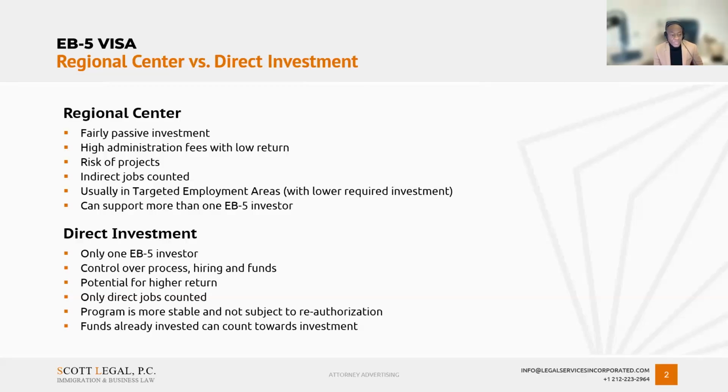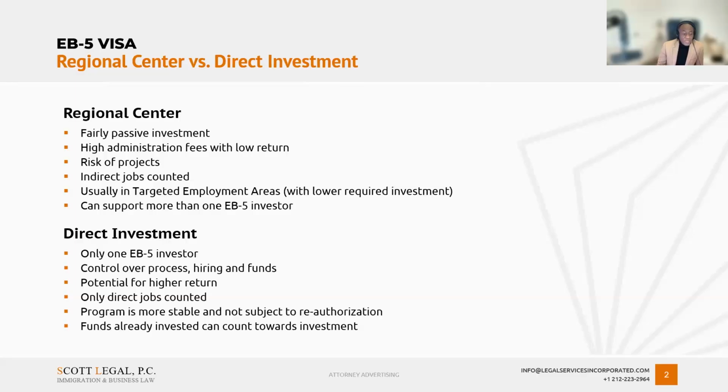One big difference between the Regional Center program and the Direct Investment program is that there is a requirement that the EB-5 program create jobs, and the jobs that can be counted when the program is a regional center are indirect jobs.